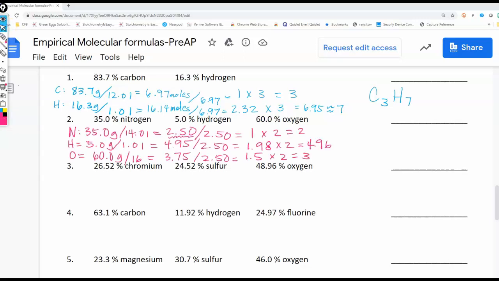Okay, so for this next calculation, I took my grams and divided each of them by the molar masses. So 14 for nitrogen, 1.01 for hydrogen, and 16 for oxygen.